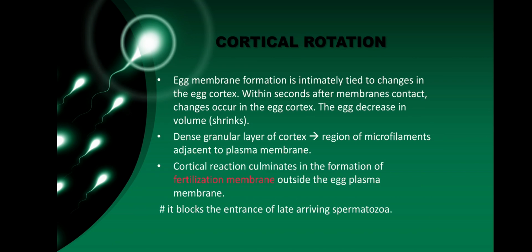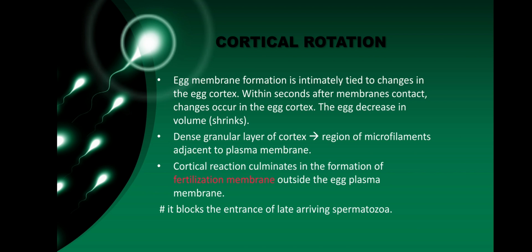Next is an important phenomenon called cortical rotation. Egg membrane formation is intimately tied to changes in the egg cortex. Within seconds after the membranes contact each other, changes occur in the egg cortex. That is, the egg decreases in size or volume. It shrinks to a certain size.